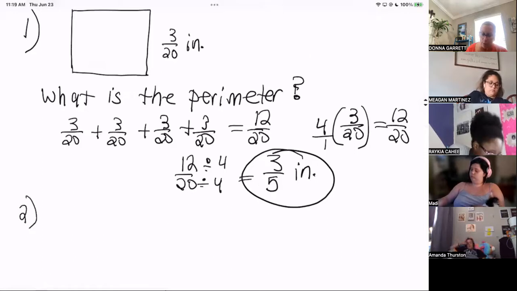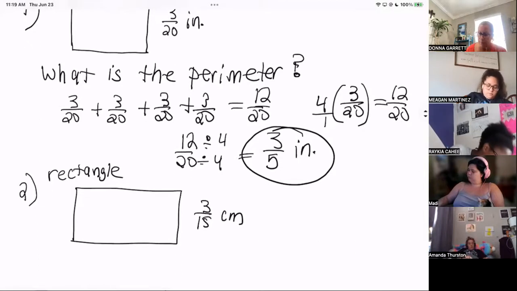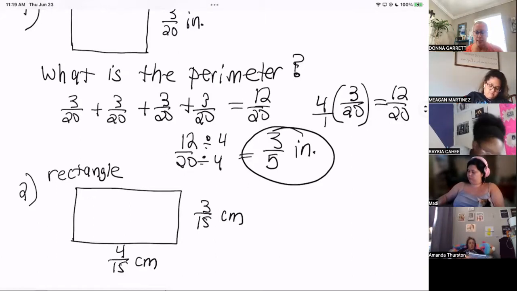Same idea, but now it's a rectangle. So this is a rectangle. I still want the perimeter. Now, for a rectangle, I have to give you 2 sides, but remember that the opposite sides are the same.